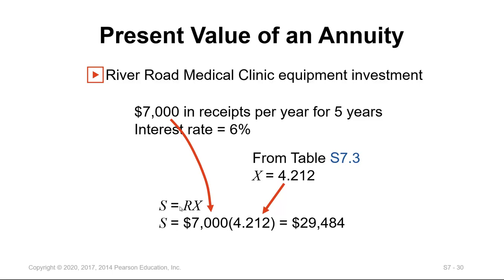So multiplying that with the 7,000, the present value will be 29,484. We compare that with the present values of other alternatives. If this value is good, then we will go with this value as our option of selecting that equipment.